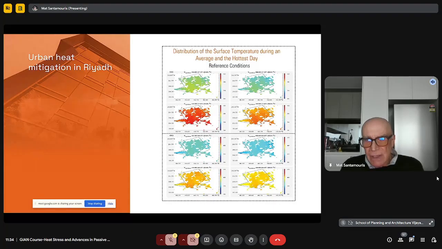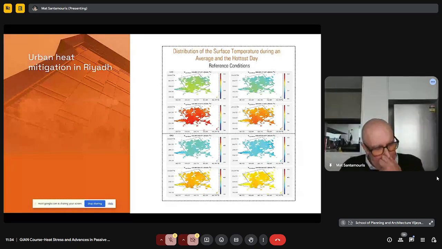And so we have assessed and understood that the surface temperature varies between 30, 35 degrees to 45 degrees, with sometimes important differences in several parts of the city, and especially in parts with higher distribution of buildings.